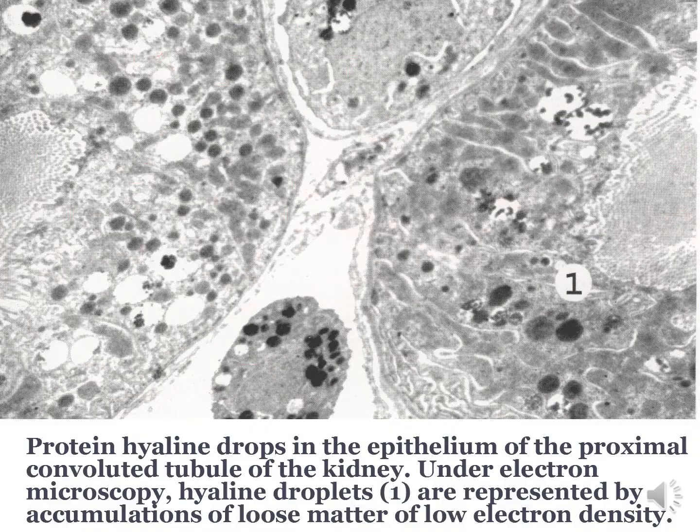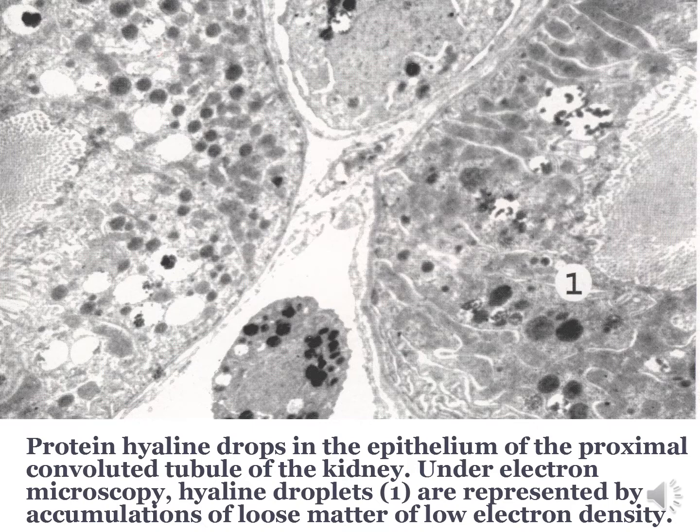Here you see the electron microscopic picture, and we see protein hyaline droplets within the epithelial cells. Here we see the convoluted tubule of the kidney, and within the epithelial cells there are numerous hyaline droplets.